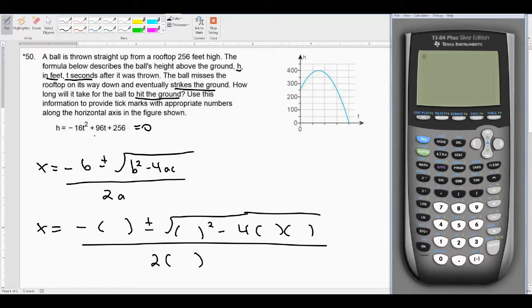Now, since this is already in quadratic form, a is in front of the t squared, which is negative 16, b is in front of the t, and c is the constant. So I just throw in the numbers. B is 96. A is negative 16, and C is 256.